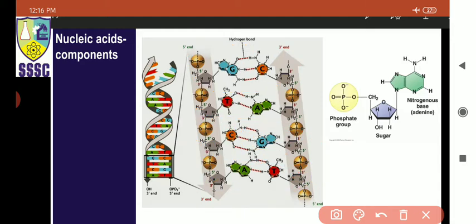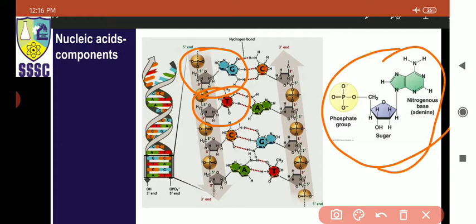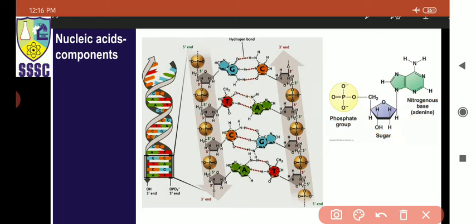Each nucleotide pair contains two nucleotides, 1 and 2, and both are arranged in opposite directions. One has a 5' to 3' end, and the opposite has a 3' to 5' end. Then each one is known as a nucleotide.